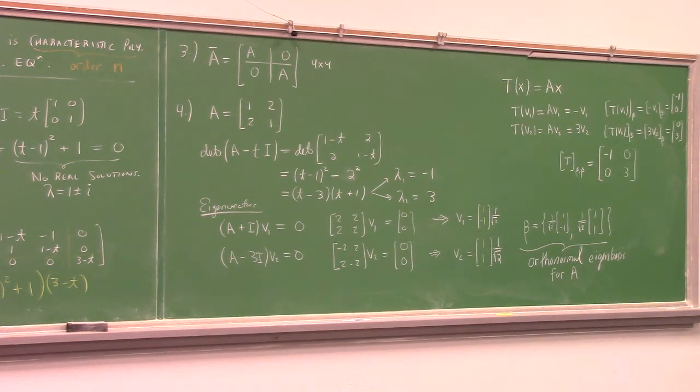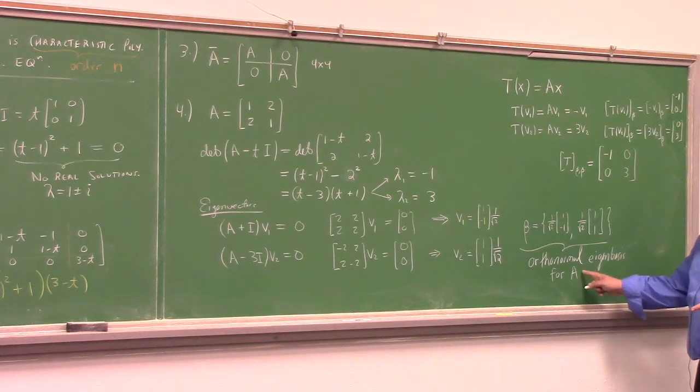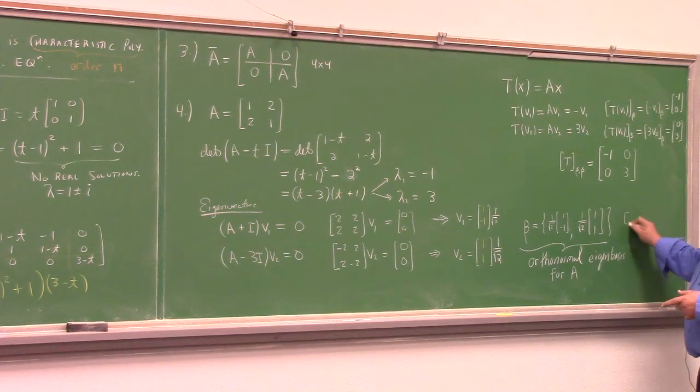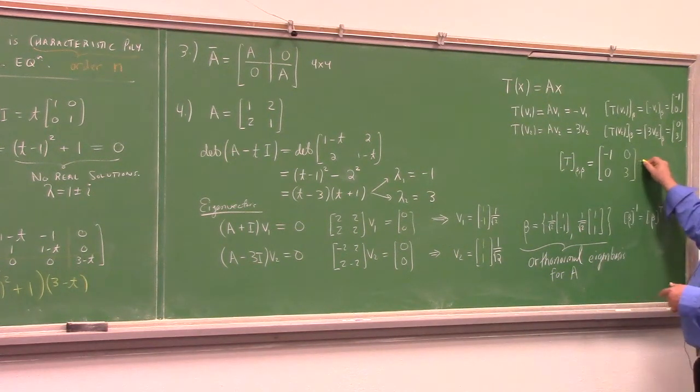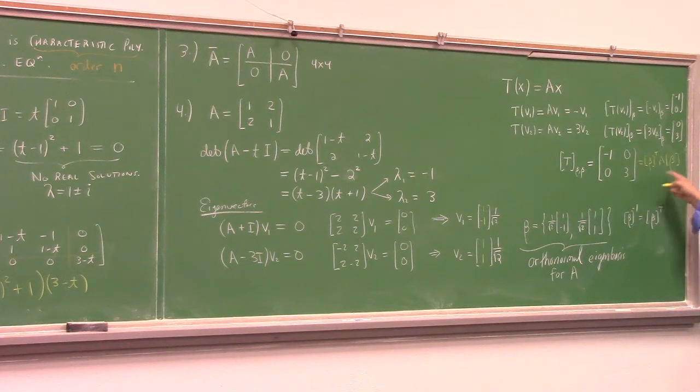This is an even more beautiful thing because this is an orthonormal eigenbasis, which means that the inverse of the matrix of beta is its transpose. And as a calculational nicety, this is nothing more than beta transpose times A times beta. Because beta transpose is beta inverse, that is a similarity transformation of the matrix A to a diagonal matrix.